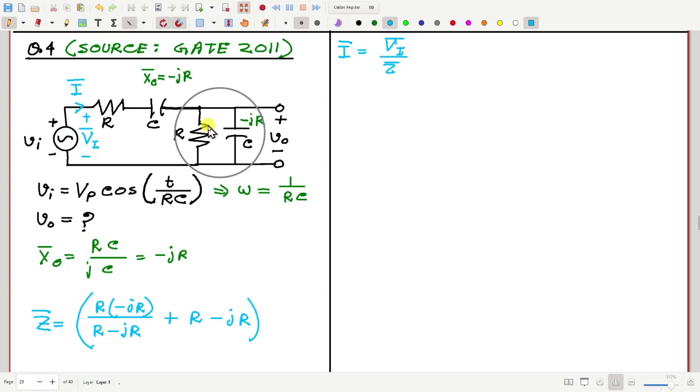And if VO bar is the output voltage, how much will the output voltage be?